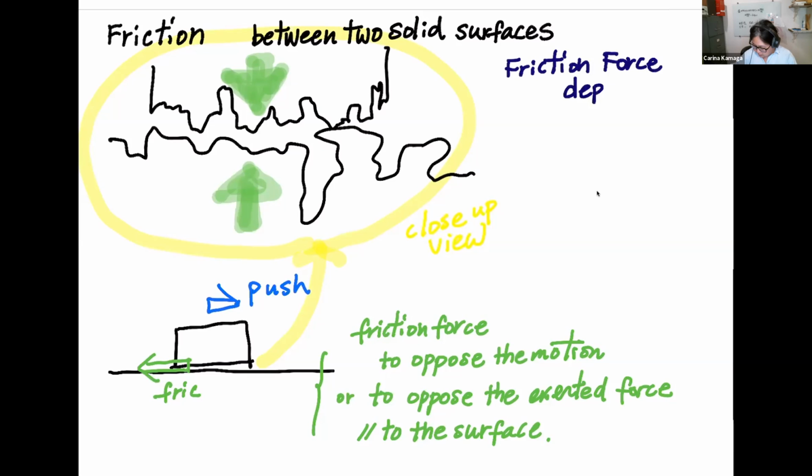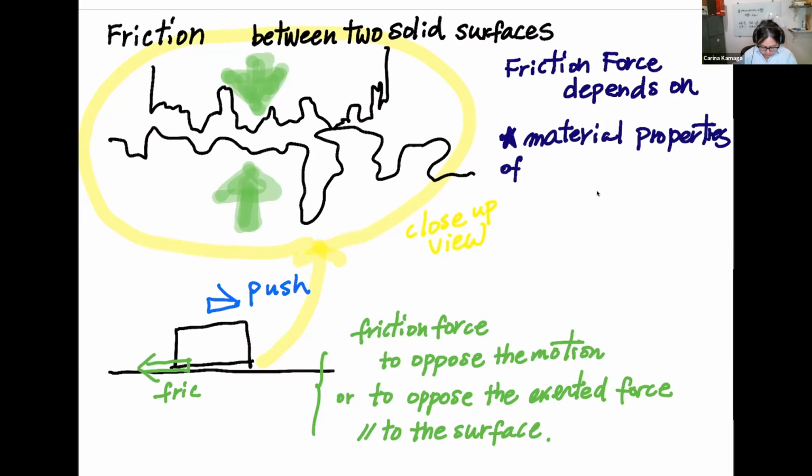So friction force depends on two factors. One is the material properties of the two surfaces in contact.